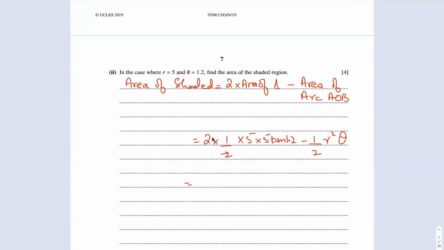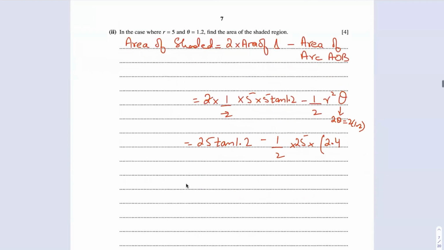So simplifying this, we'll get 25 tan 1.2 minus half into r squared, which is 25, and the angle is 2 theta, so this will become 2.4. As this is 2 theta and theta is 1.2, so 2 into 1.2 will make it 2.4. Substituting these values in the calculator, we get 64.3. 25 tan 1.2 minus this will become 30. So the area of the shaded region is 34.3 centimeters squared.